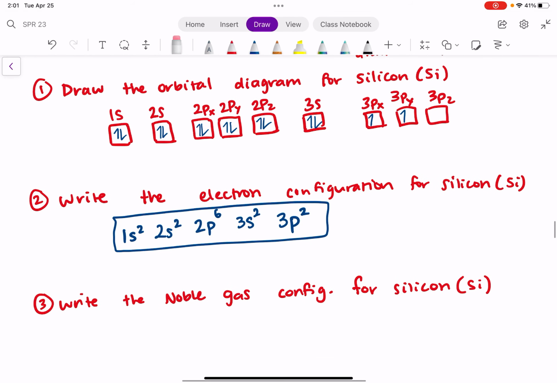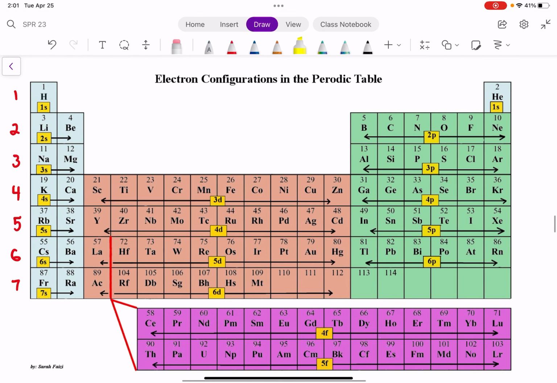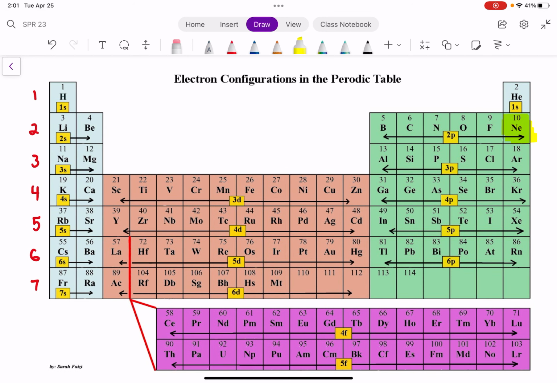So what's neon's noble gas configuration? Well, neon is right here in the p block, and it's in energy level 2, and we've filled this electron, this electron, this electron, this electron, this electron, and this electron, right? We're in that sixth electron spot.